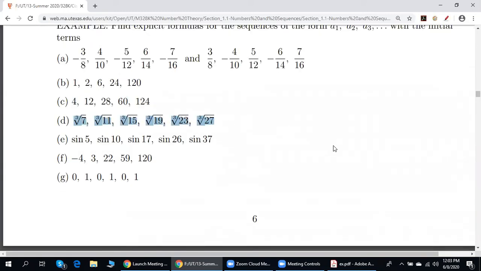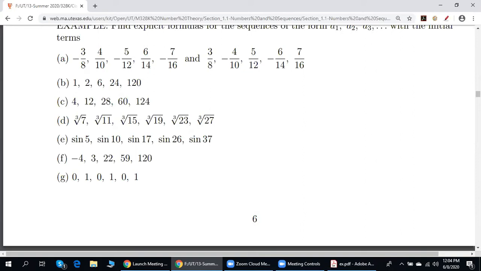Who tried D at home? I did, Professor. Okay, so what was your approach? So my approach was noticing that, first ignoring the root 3 because that is constant in every single term. The fact that there is a root 3 can just be added on top of whatever the actual sequence on the inside is.